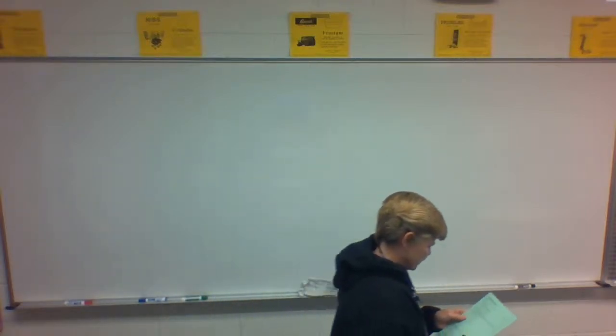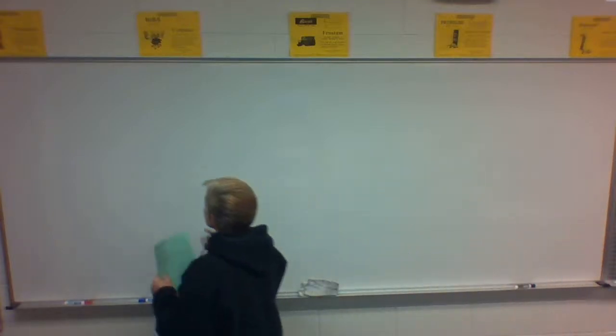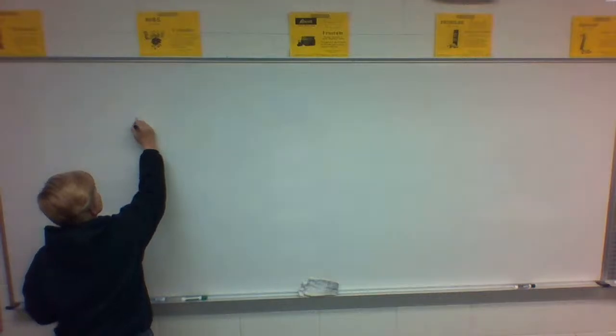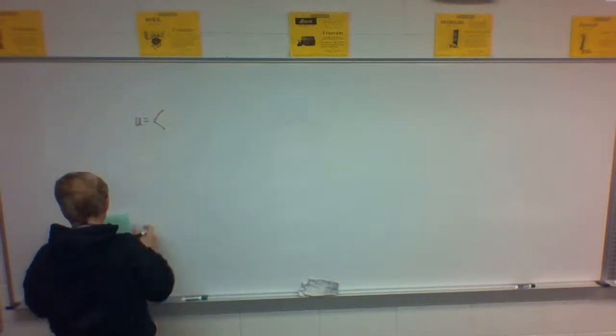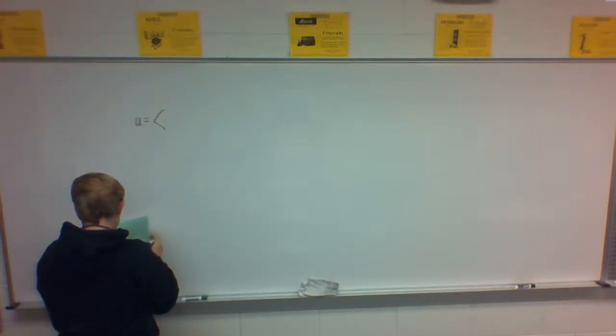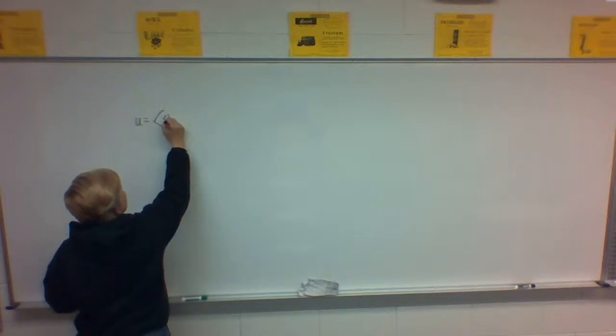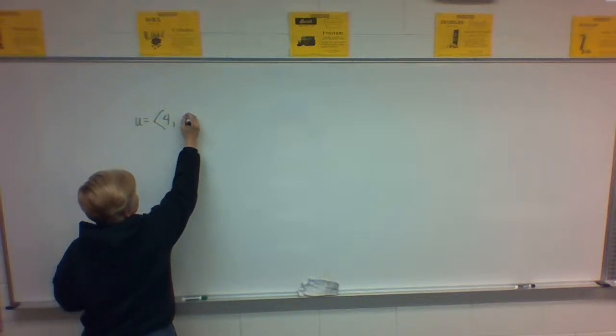Number 3 says, find the unit vector in the direction of the given vector. Write your answer in the indicated form. They give you a u vector in component form, something like 4, 9.